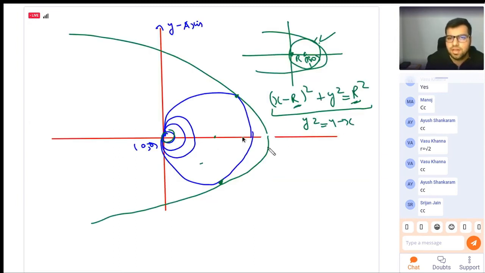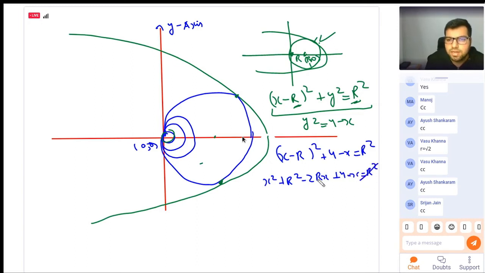When you solve it, I'm just doing it quickly for you. (x minus r) whole square plus 4 minus x equals r square. This becomes a quadratic: x square plus r square minus 2rx plus 4 minus x equals r square. R square gets cancelled, so this becomes x square minus (2r plus 1) into x plus 4 equals 0.